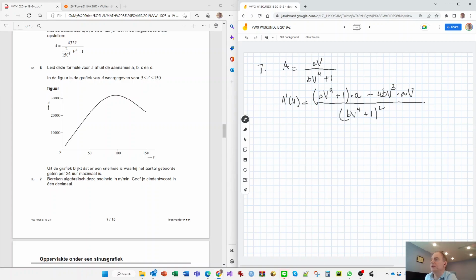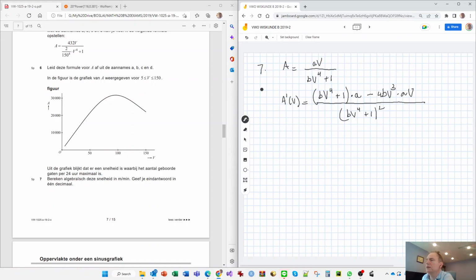Okay, not difficult, but definitely messy and error prone. Double check: 4b a phi. Okay. And then we can say that if this is 0, this is always positive.